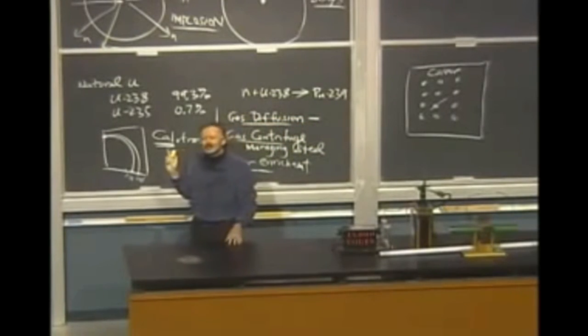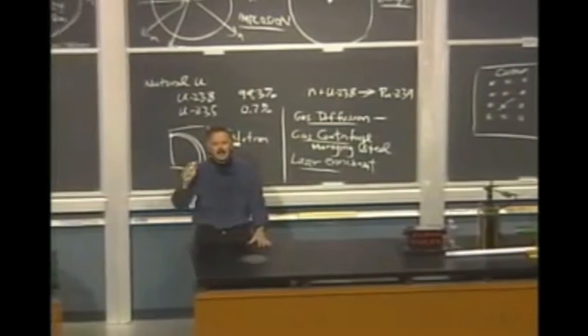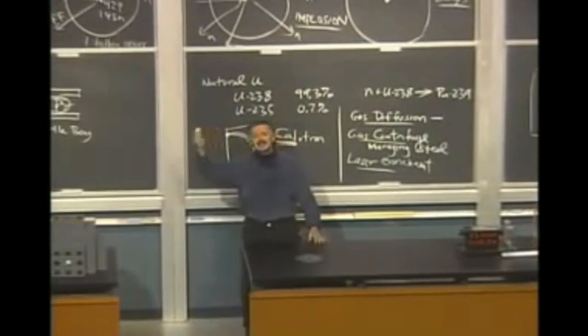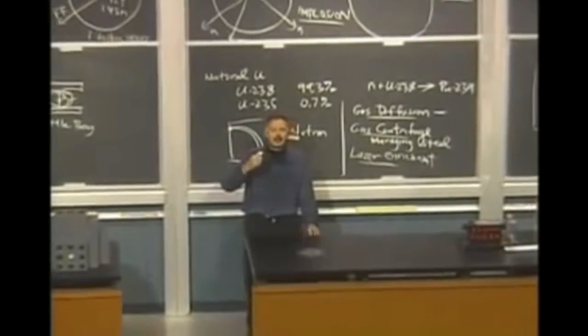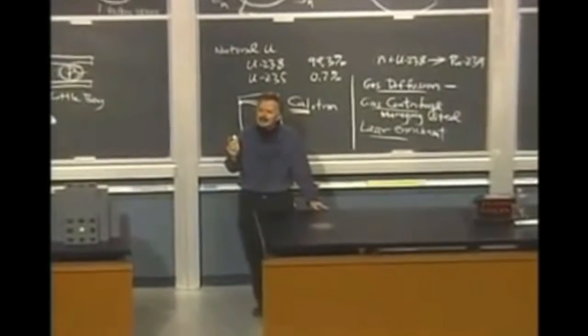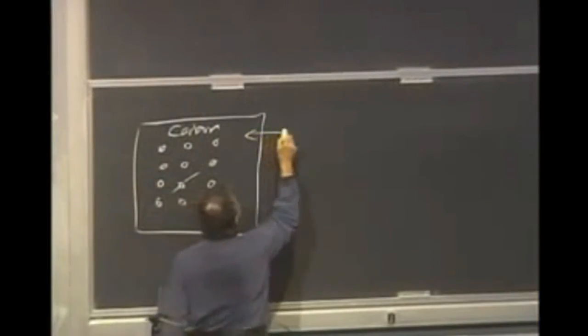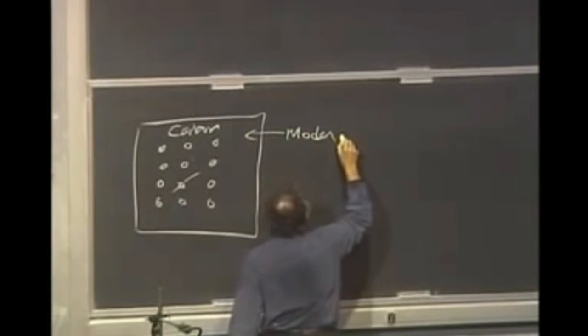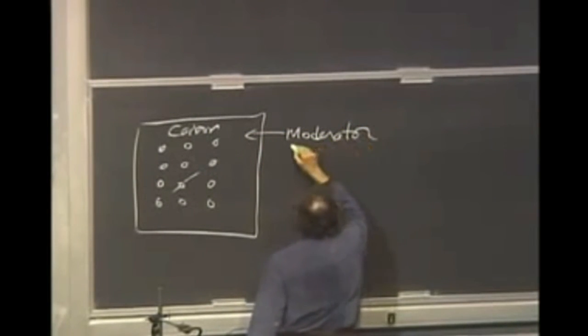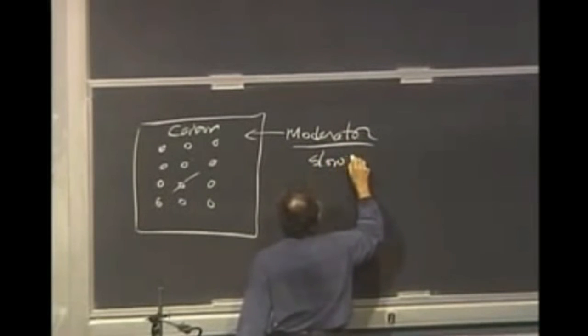Carbon, it turns out, doesn't absorb neutrons at all. The neutrons bounce off the carbon. The carbon picks up a little bit of energy. It heats up. And the neutrons lose energy, so the neutrons slow down. This carbon is called a moderator. And the purpose of the moderator is to slow the neutrons.